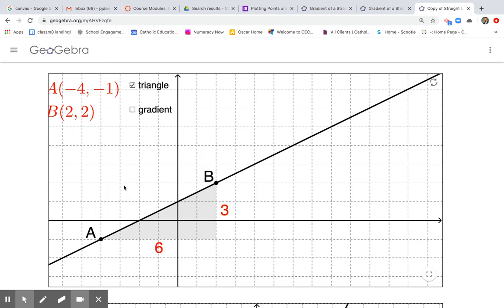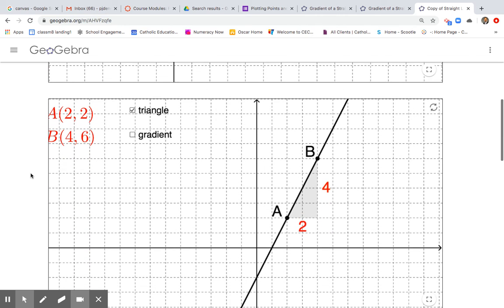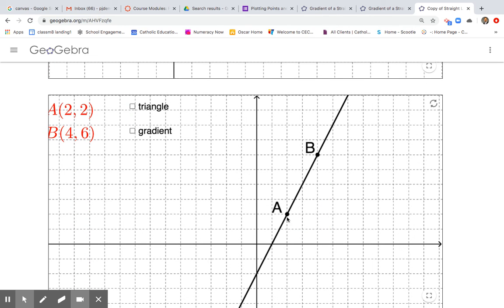If we look at the next one, we just scroll up. What's the gradient here? We'll get rid of this. Well, how far did it go up? It went up 1, 2, 3, 4, and it's gone across 2. So 4 over 2. We can look at the triangle here. There's the gradient, 4 over 2, which is just 2. How else could we get it?